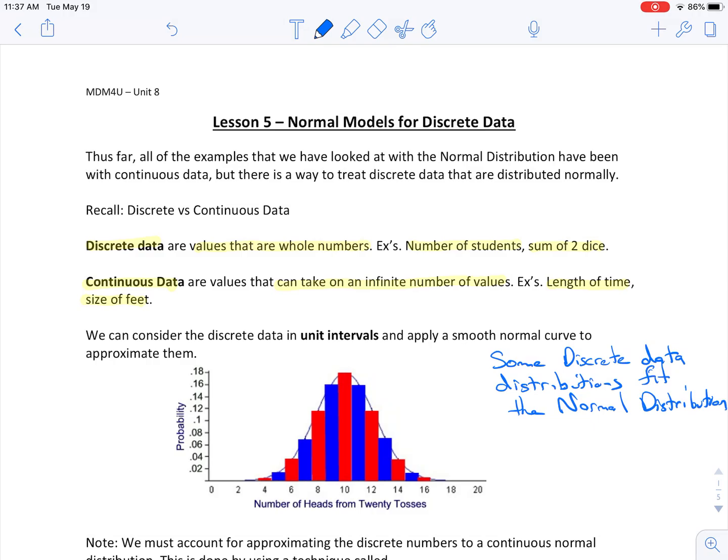The problem here with discrete data situations, if we take this example where I flipped a coin 20 times and graphed the number of heads, what you would find in terms of theoretical probability is that it's most likely you would get heads 10 times. That makes sense.